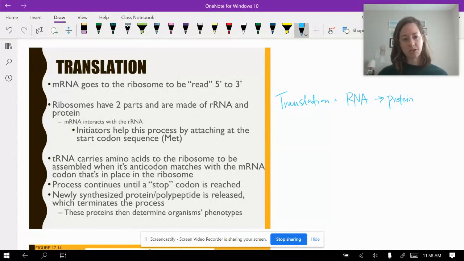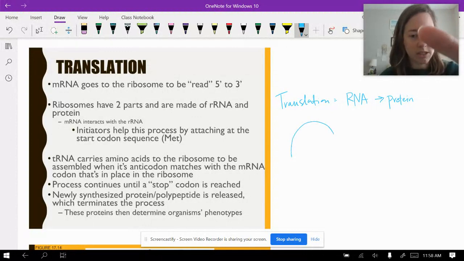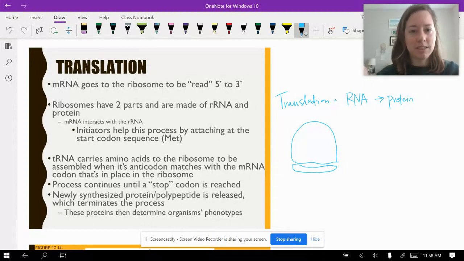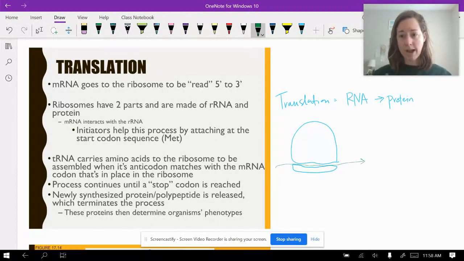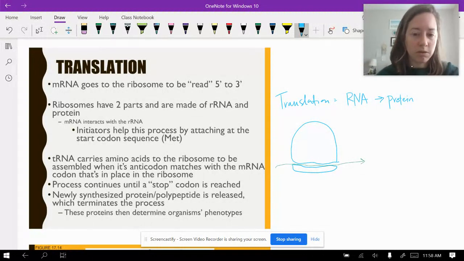Ribosomes themselves have two parts. They're a larger subunit and a smaller subunit. Really what they look like is this sort of deal where this is the larger subunit and then underneath is the smaller subunit. Looks like a Krabby Patty. And then the mRNA will thread through here and be read as it threads through. This blue thing is the ribosome.